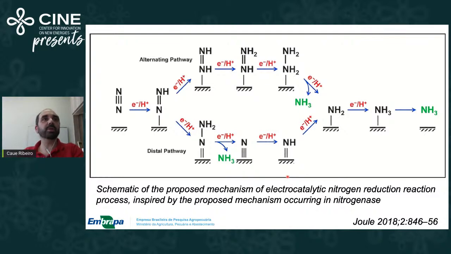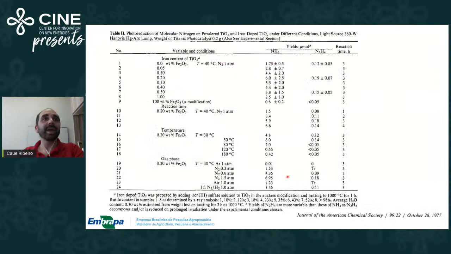Despite this probably gaining attention really only in the last 5 years, actually, one of the first papers published about the photocatalytic properties of titanium dioxide is from 1977, the last century, where the authors observed the production of ammonia gas and hydrogen using a stream of nitrogen over titanium oxide, in that case using UV light.